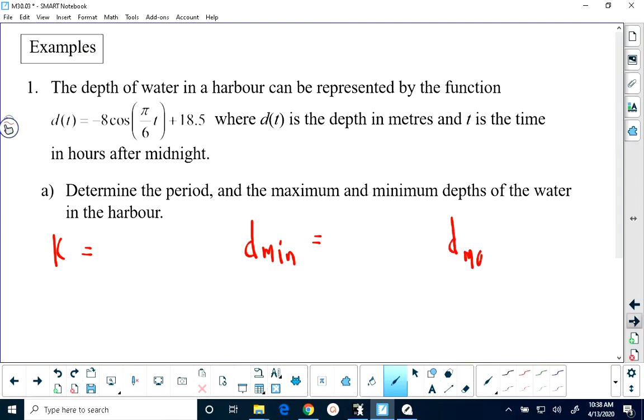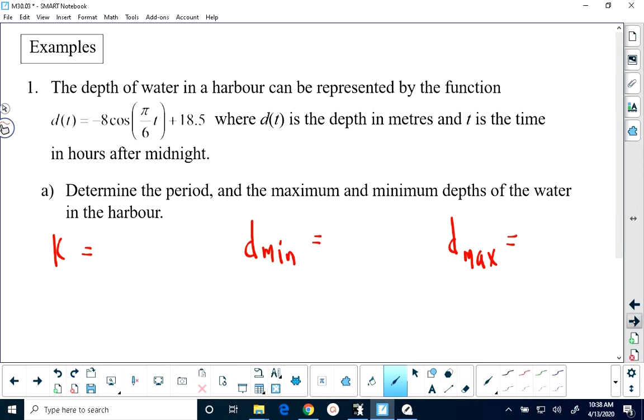And I'm going to tell you that there's a reason why I'm asking you to determine these things. You need to determine them to put the proper window settings in your calculator. If you don't know the period and the minimum and maximum values of y in these problems, you're going to be fumbling around trying to get a good representation on your calculator of what the graph looks like.